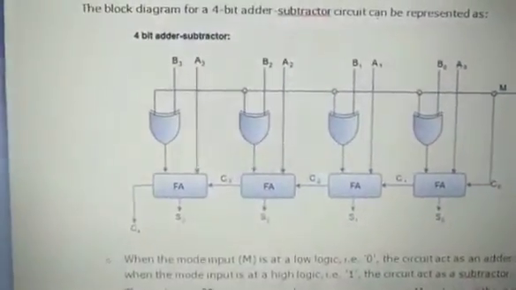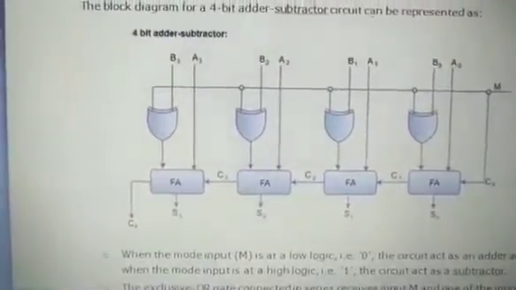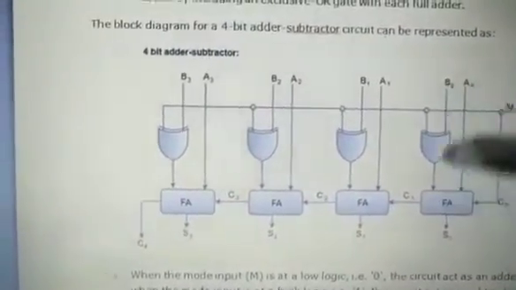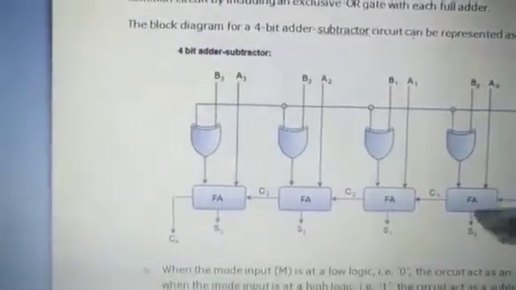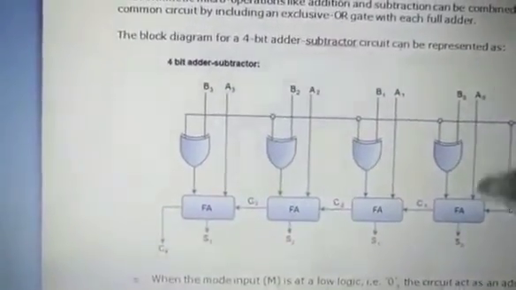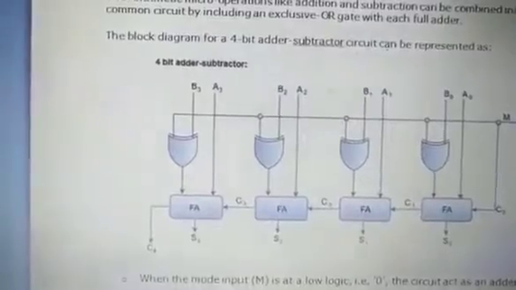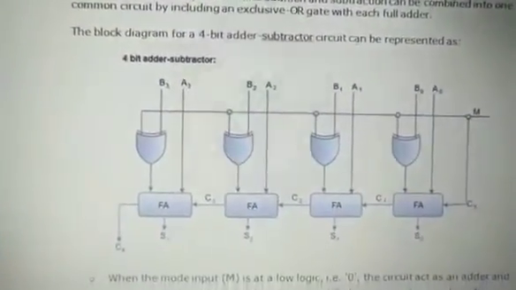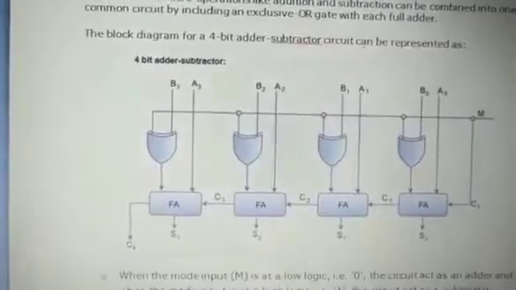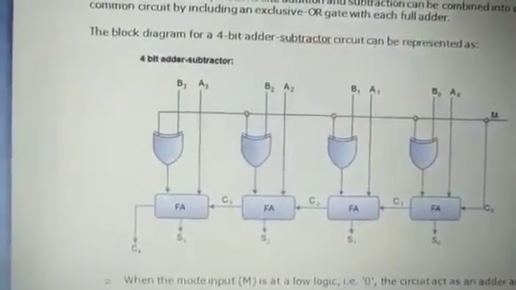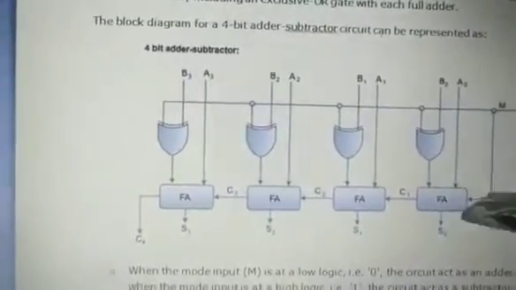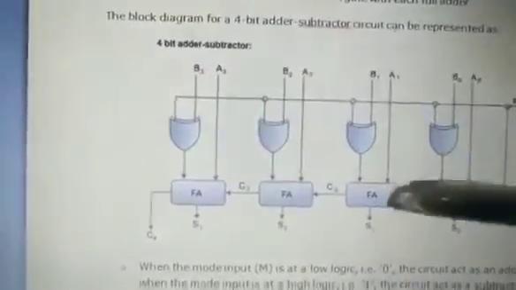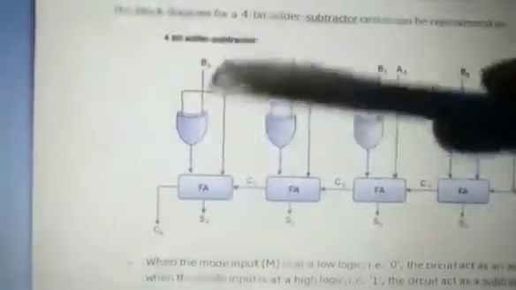It will not generate B0 bar, B1 bar, B2 bar, B3 bar. It will directly pass B0, B1, B2 and B3. Then in the C0 part we get 0, so there is no formation of the second complement, because if the first complement comes, then we have to add 1, but here the signal is 0. So directly B0 and A0 are added, B1 and A1, B2 and A2, B3 and A3.